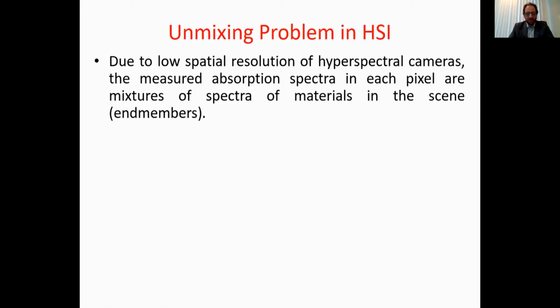You're trying to find out what chemical materials are present in the scene. There would be a very good chance that these are not pure pixels. So each spectral pixel is a mixture of these materials, and these pure materials, part of the lingo, are called endmembers.